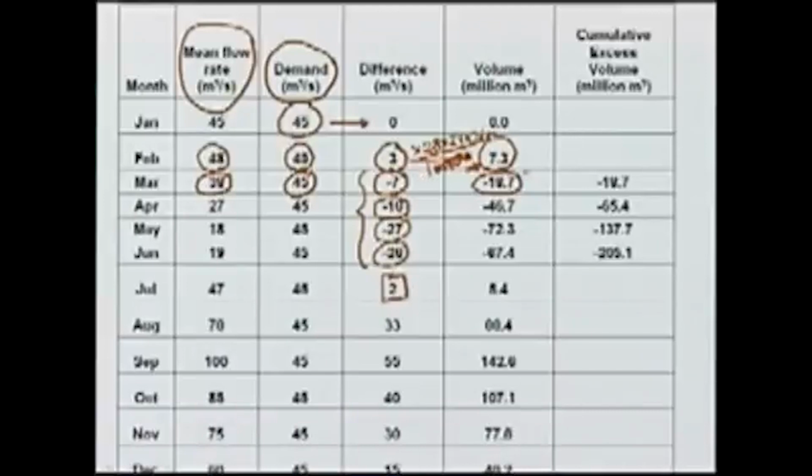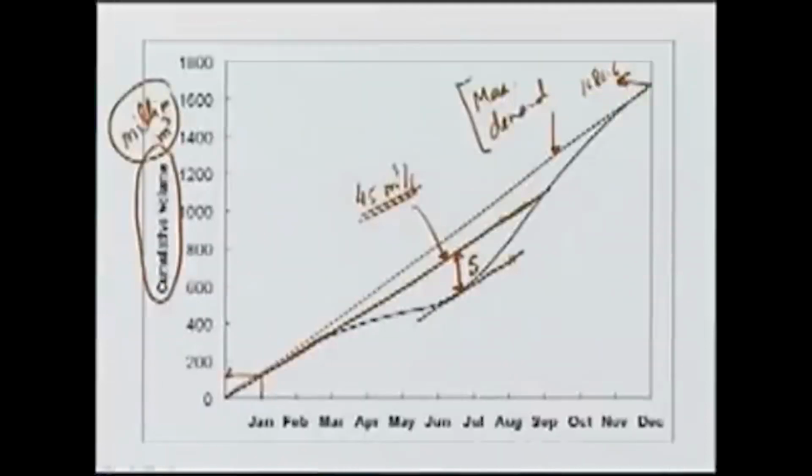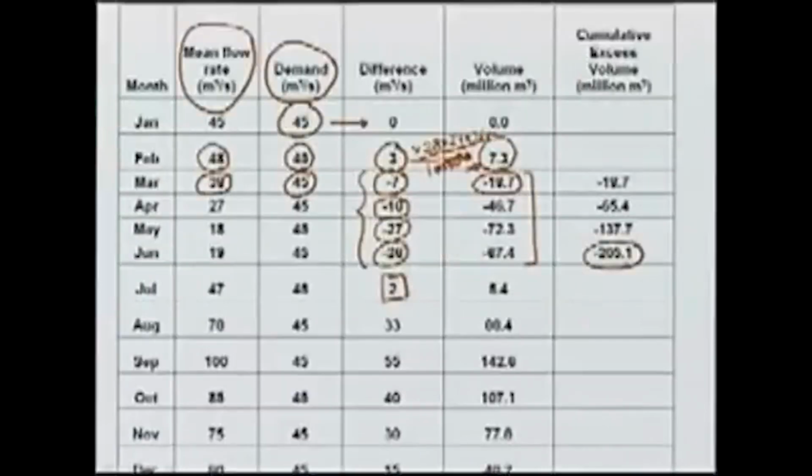And if we add all these volumes, we get minus 205.1, which really corresponds to this. In graphical terms, this storage numerically would be equal to 205.1.